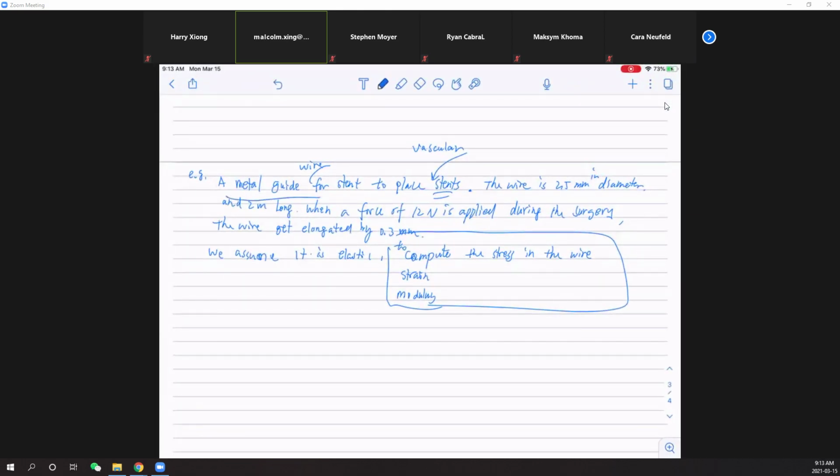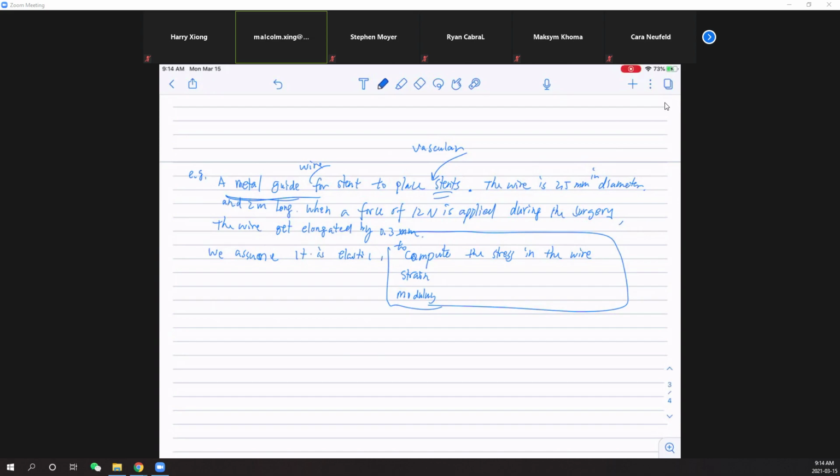A metal guide wire. That's for stent. And the 2 prints, vascular stent, and the coronary, blood supply to the muscle.